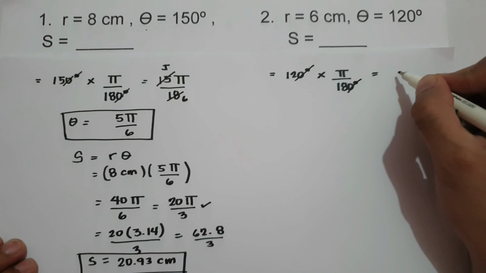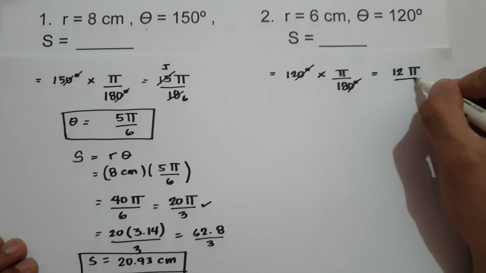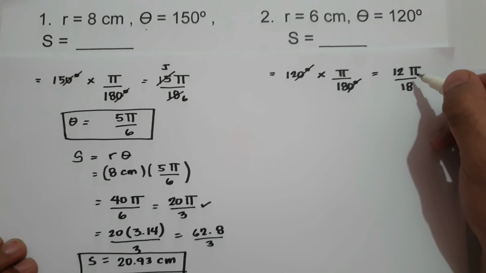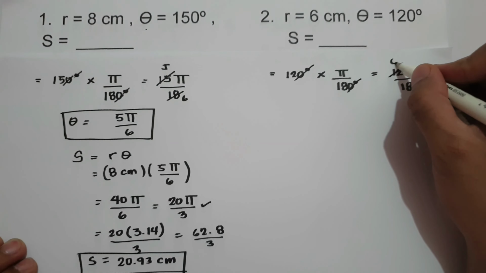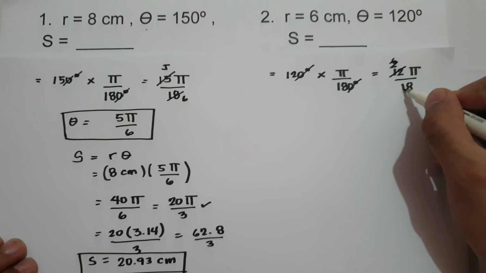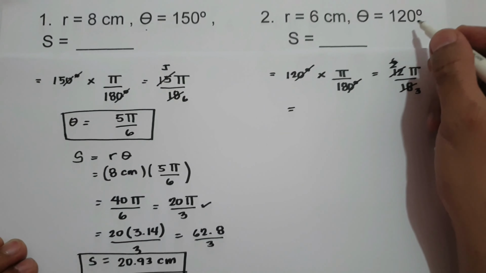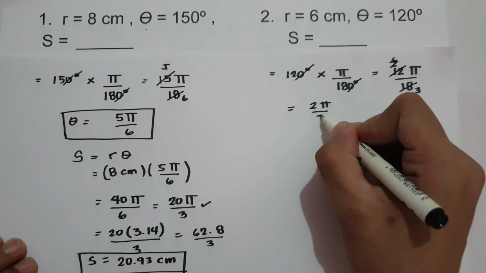So we have 12 pi over 18. The greatest common factor of 12 and 18 is 6. So 12 becomes 2 and 18 becomes 3. Therefore, 120 degrees in radians is 2 pi over 3.